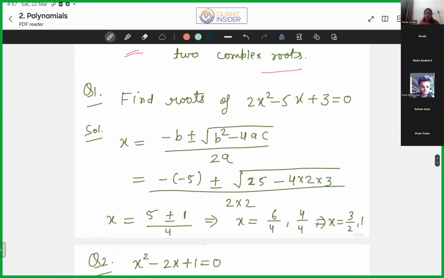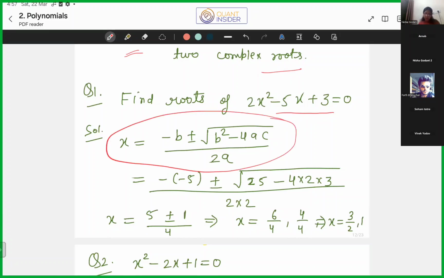The first one is: find the roots of 2x square minus 5x plus 3 equal to 0. There are so many methods; this is one of them. We can also do this by splitting the middle term. For this, you can use the Sridharacharya formula.